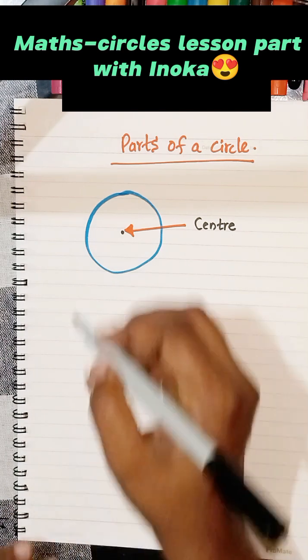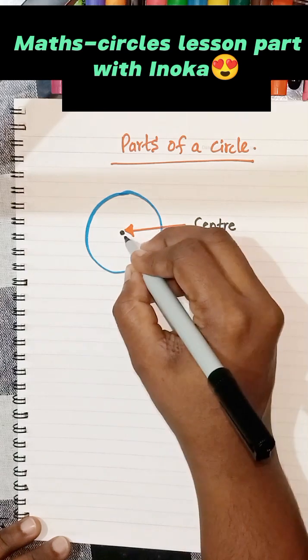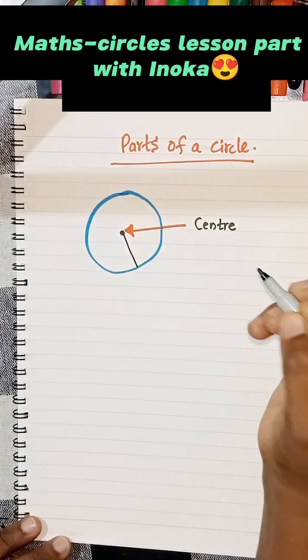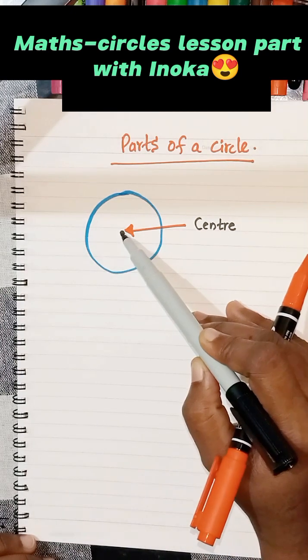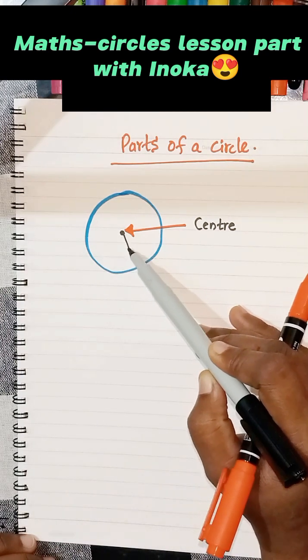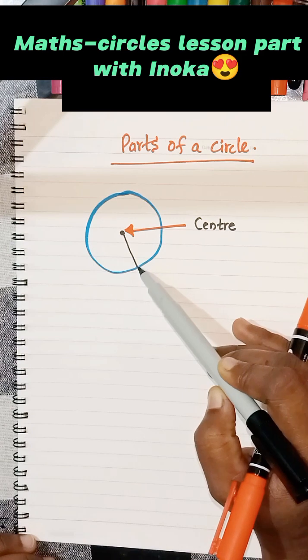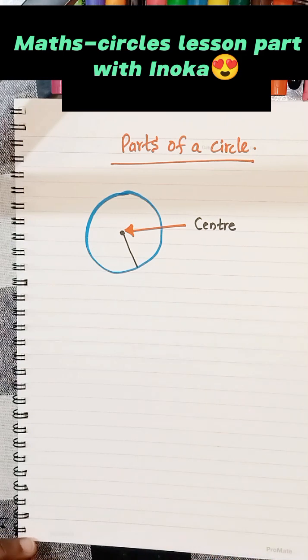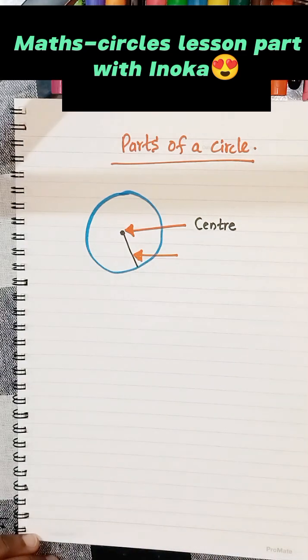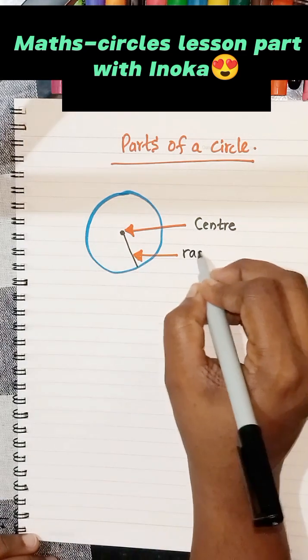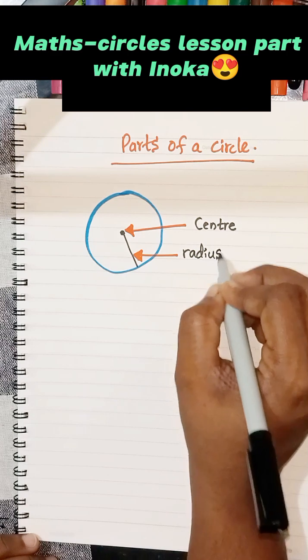So from that center to the circle, we can draw a line. It is straight. That straight line is called the radius. From the center to the circle, we take the line, so it's called the radius.